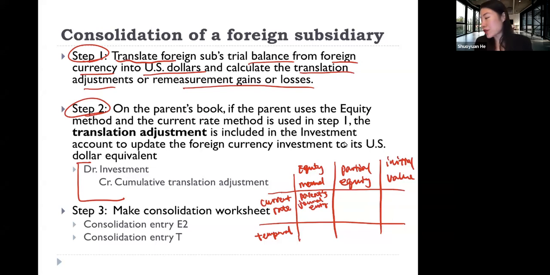Under all of the other situations, if the firm is using the partial equity or initial value method, we don't need to do this general entry. And also if the parent is using the temporal method, any gain or loss from translation is already included in the firm's net income, so we don't need to do this journal entry either. It is only under this situation that we need to make this journal entry, which is to debit the investment account and credit cumulative translation adjustment for whatever the cumulative translation adjustment is.